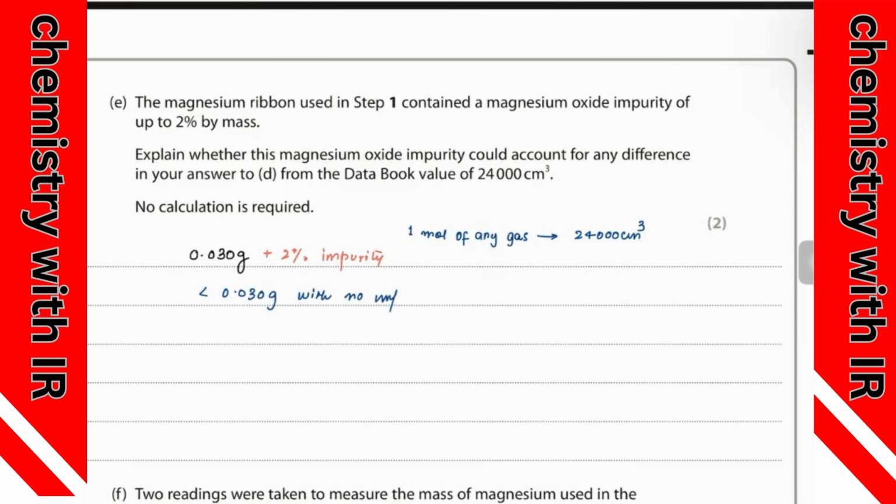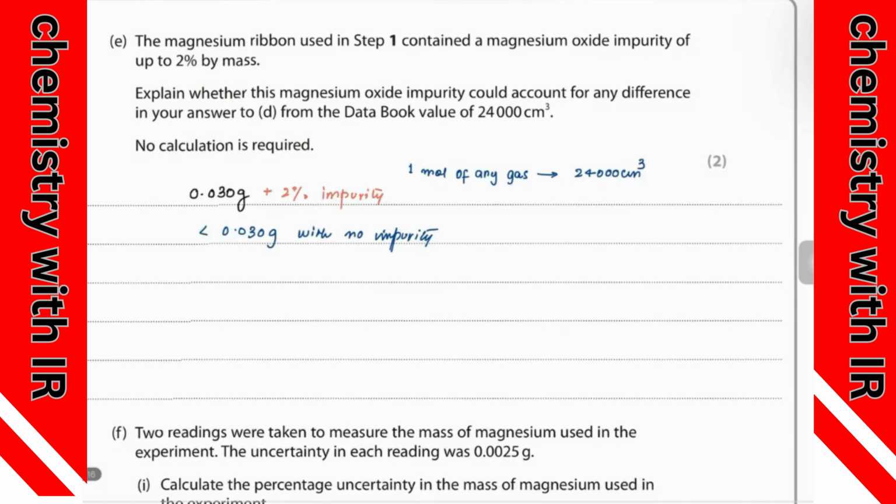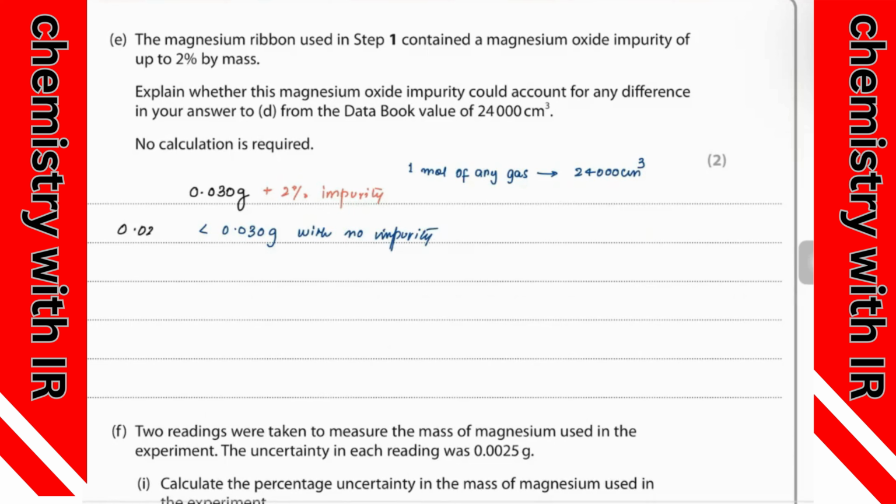So we can say that a smaller number of moles of magnesium were produced. Let's say the mass is 0.020 grams without the 2% impurity. When we calculate the moles, I would be getting a smaller answer for moles.